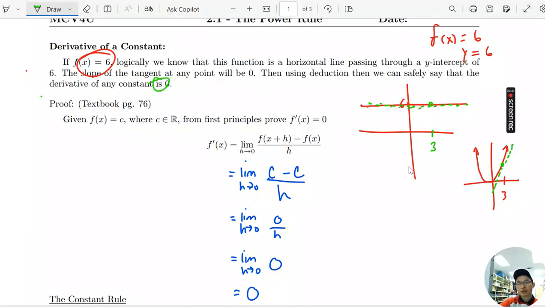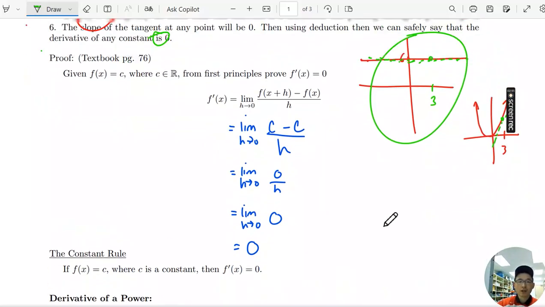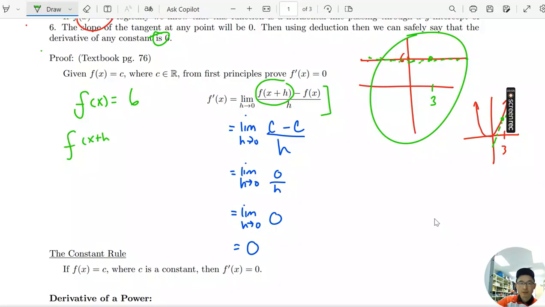Okay, so the derivative of any constant is just going to be 0. And you can prove it, and we just proved it with a quick little diagram here. We can also prove it with first principles. So what's f(x+h) if f(x) is equal to a number? So let's say 6. Well, if I replace x with x+h, does that change anything? No, it's still going to be 6 because there's no x to replace with x+h.